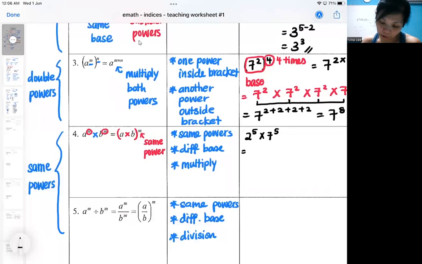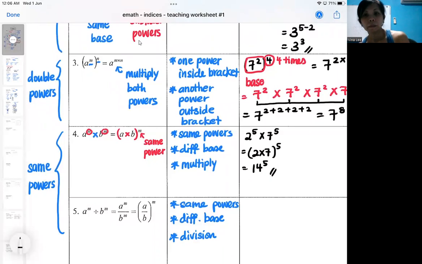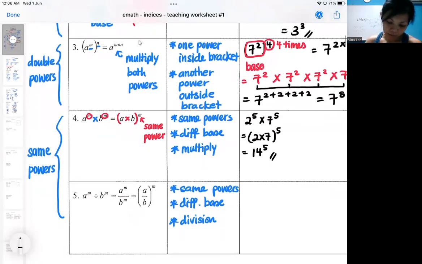So I'm going to pull out the powers. So I get a 14. So same power, we just pull it out. Same for division, it will also be like you pull out the power.